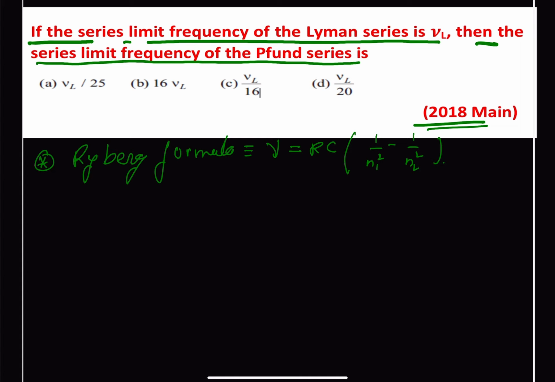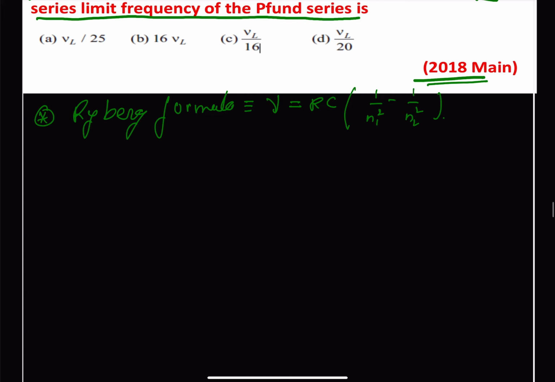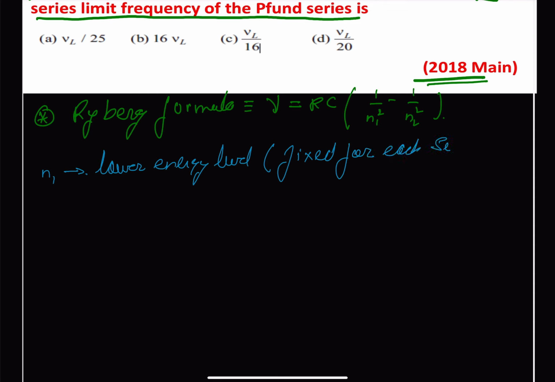Here N1 is the lower energy level, and this lower energy level is fixed for each series. N2 will be equal to infinity because we have to find the series limit frequency.